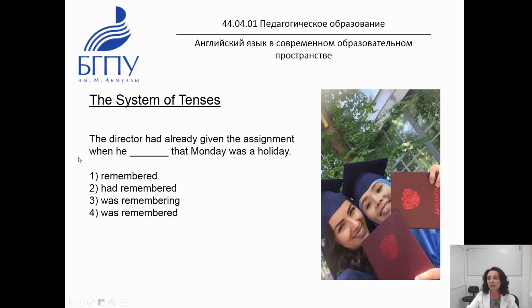Since we have got the conjunction when, it requires the past simple tense, not the continuous, since with the continuous there will be the conjunction while. But here we've got the conjunction when, which presupposes that the action is associated with a definite moment in the past, and the definite moment in the past is associated with the past simple tense. So, as a conclusion, we can say that number one is the correct variant.